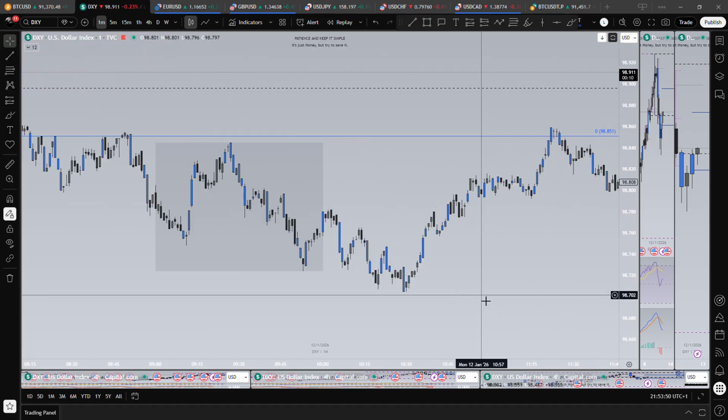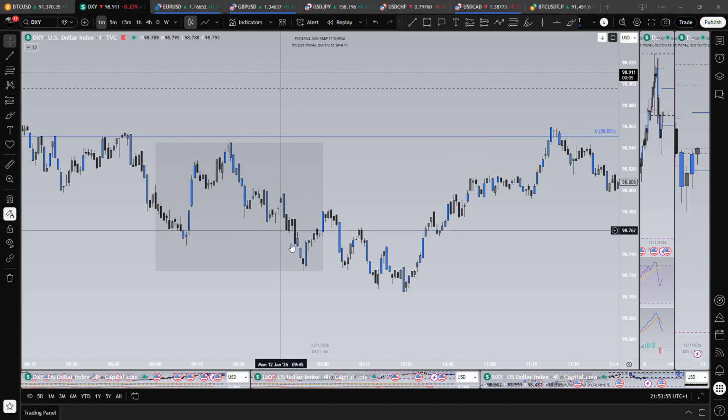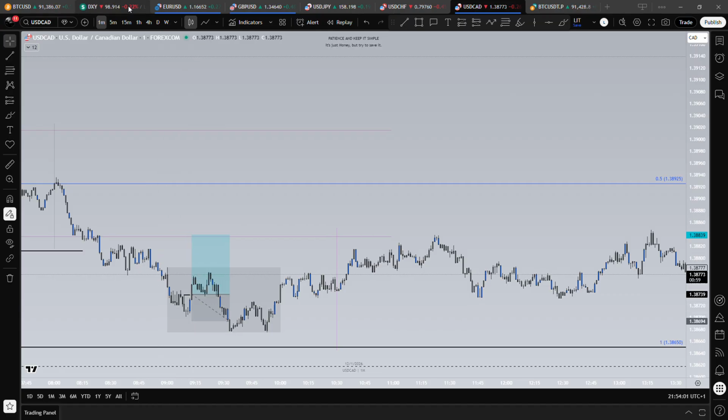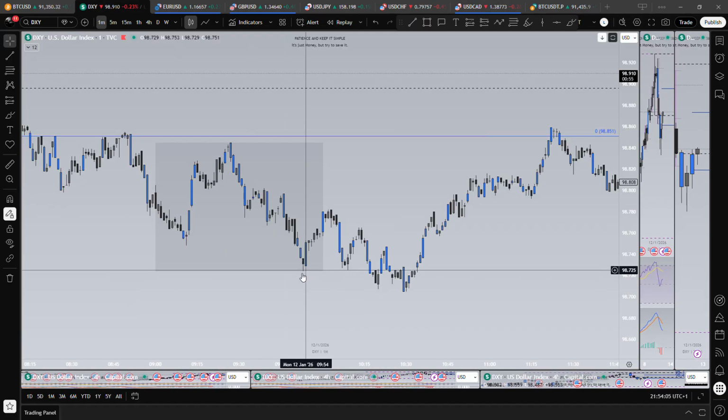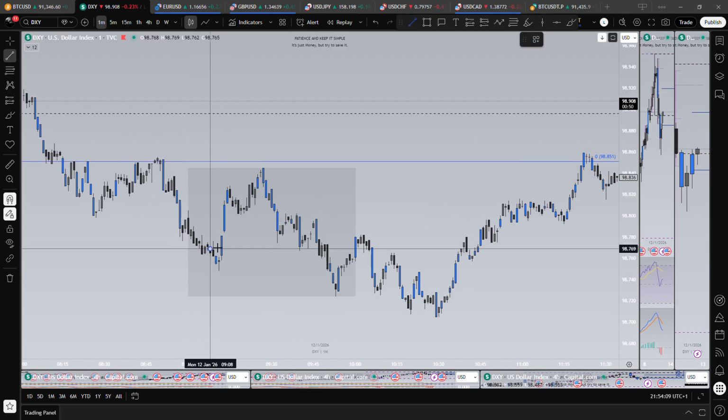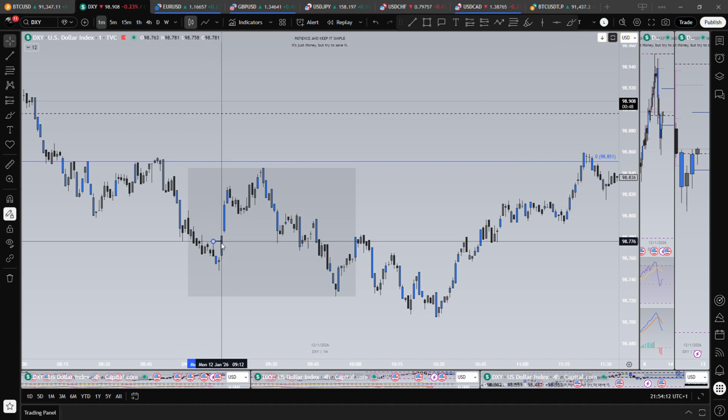And the break of obstructor was here, sorry, 913. So yeah, it was here, and that's why I entered there.